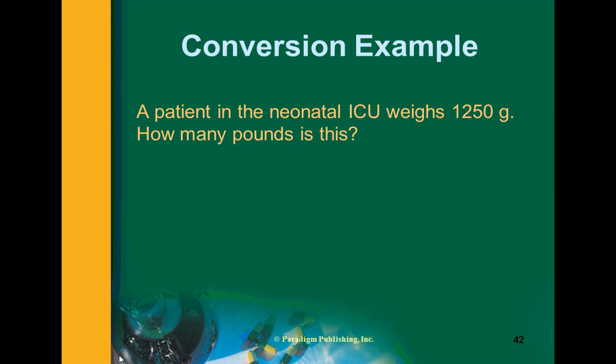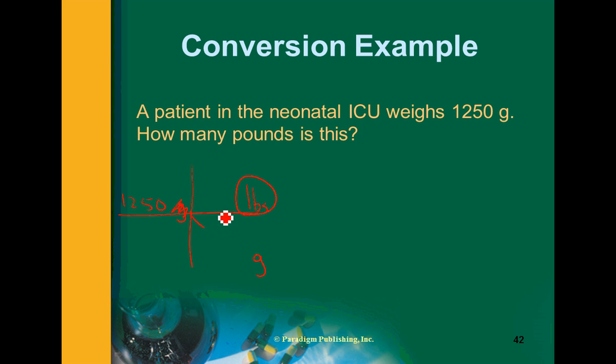Another example, if a patient in the neonatal ICU weighs 1,250 grams, how many pounds is this? Well, we also know in our chart that 1 pound equals 454 grams. So, you have the 1,250 grams. If you have grams here, you're going to have grams here. And you want to know how much it is in pounds.